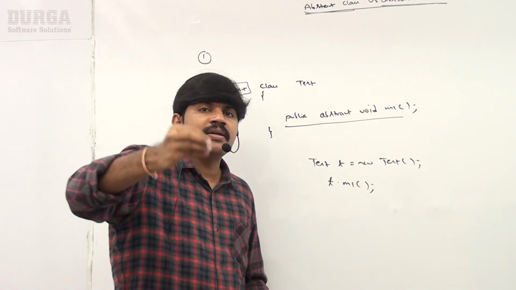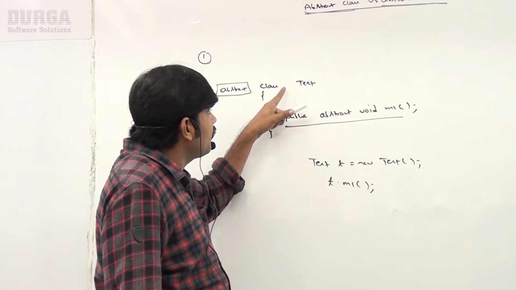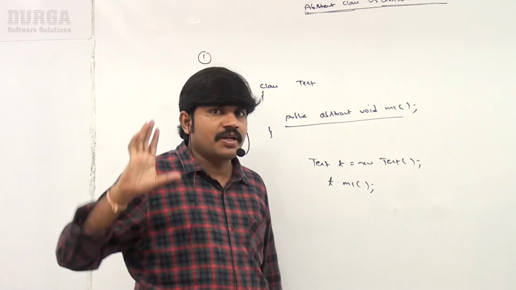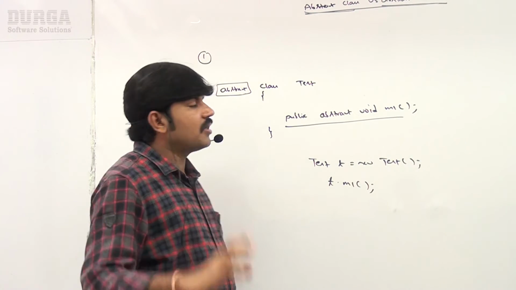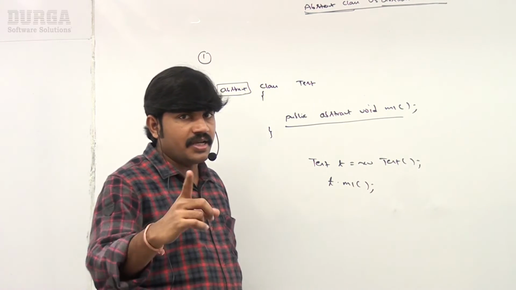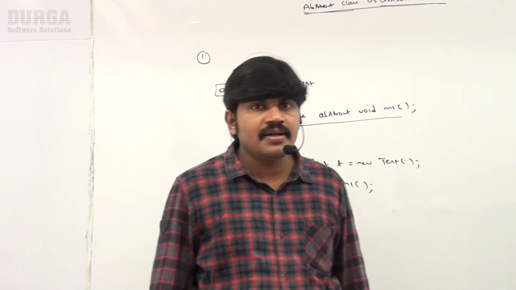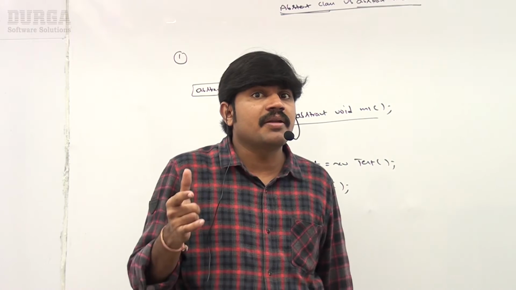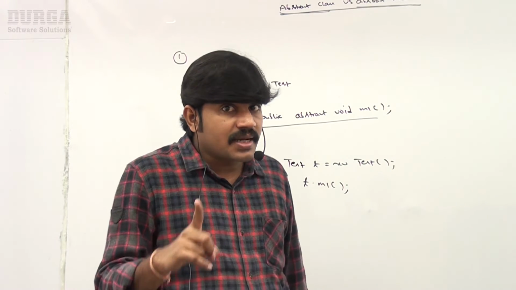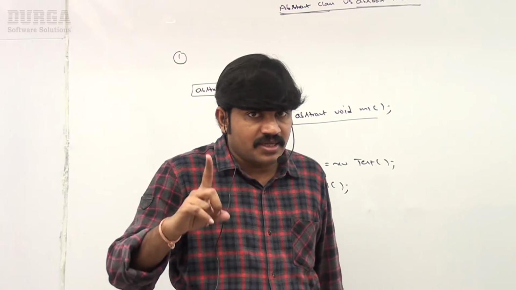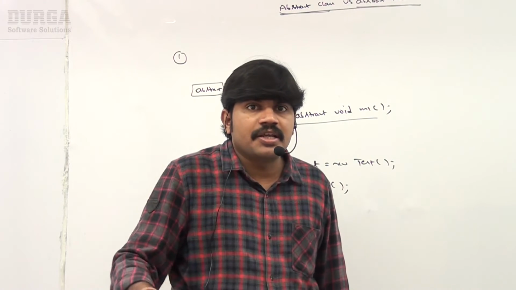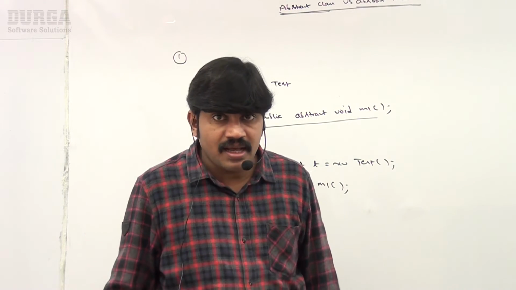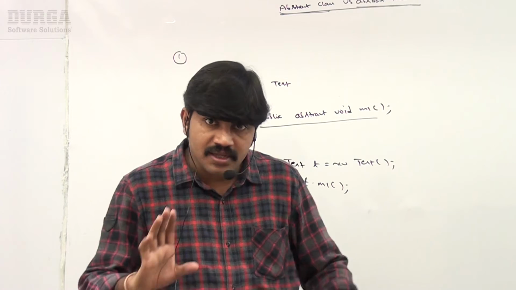Otherwise, the compiler will give a compile time error. Remember, very, very important point. Let me repeat again. If a class contains at least one abstract method, compulsory we have to declare that class as abstract. Otherwise, compile time error.